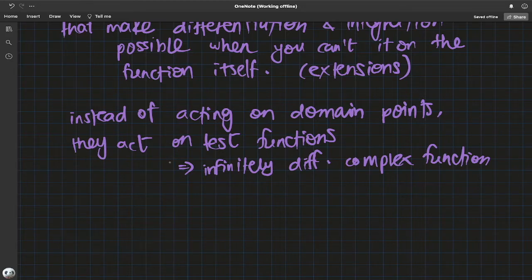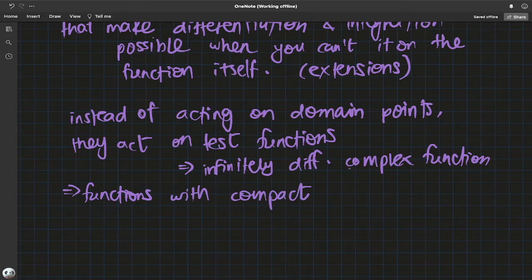Actually what test functions means is functions with compact support, which are infinitely differentiable.